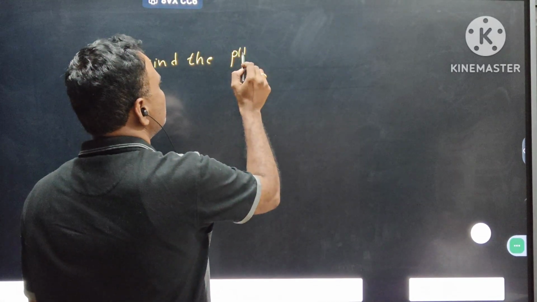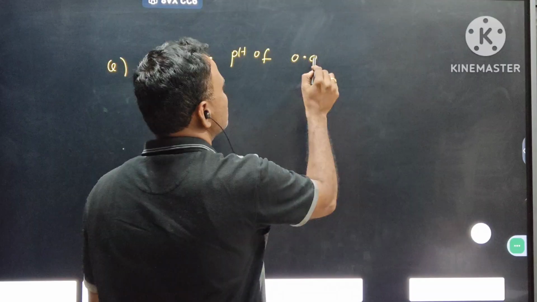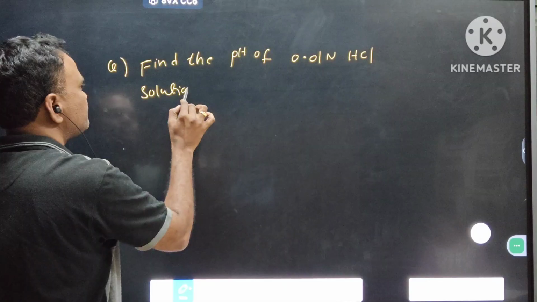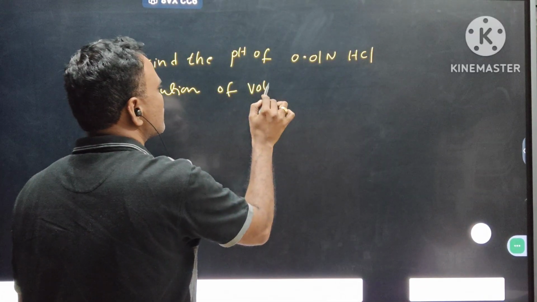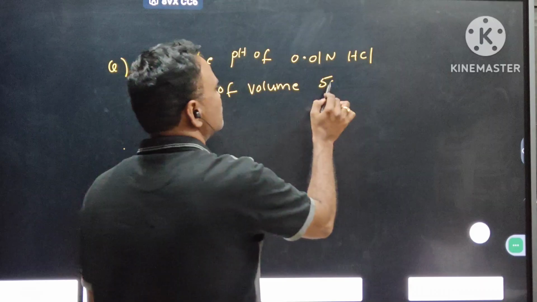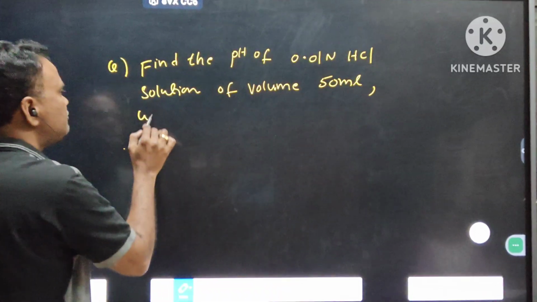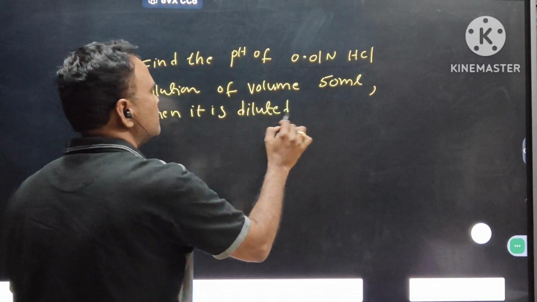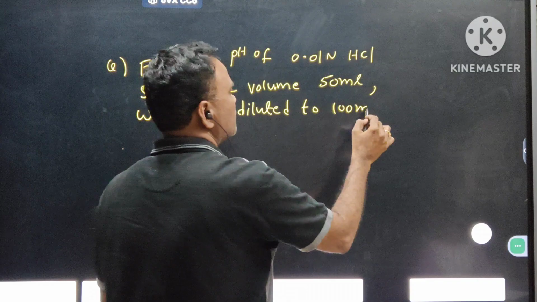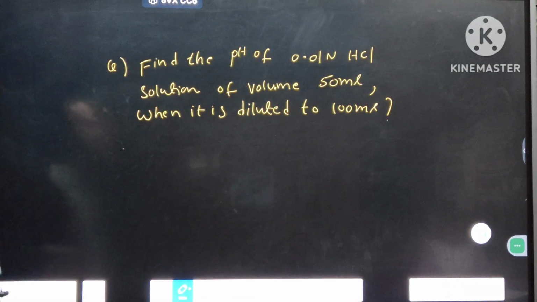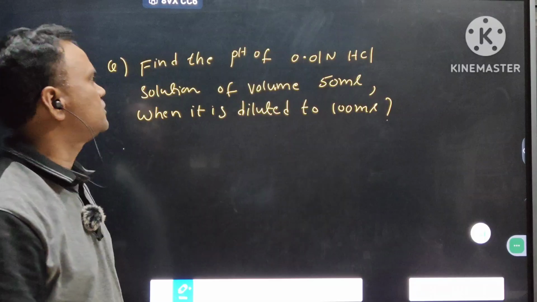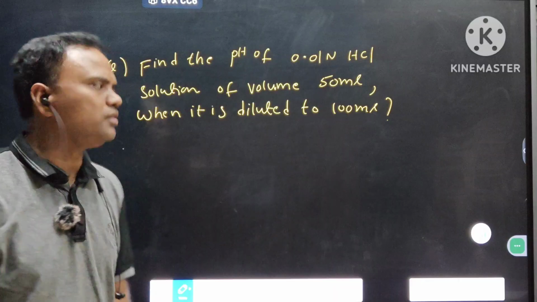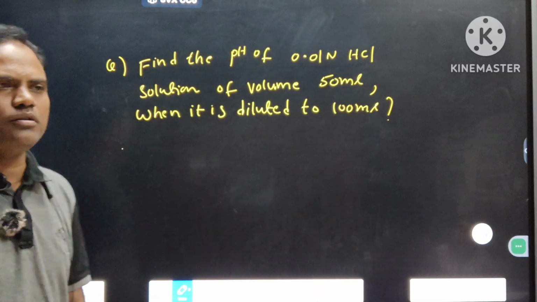Find the pH of 0.01 normal HCl solution of volume 50 ml when it is diluted to 100 ml.